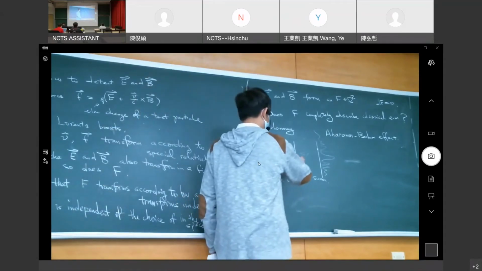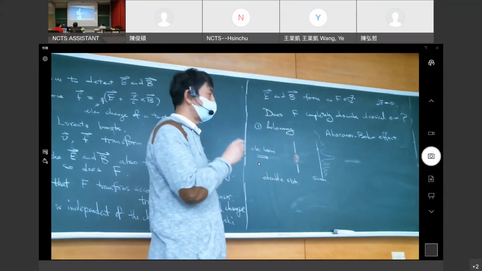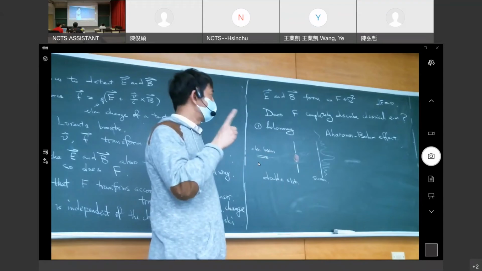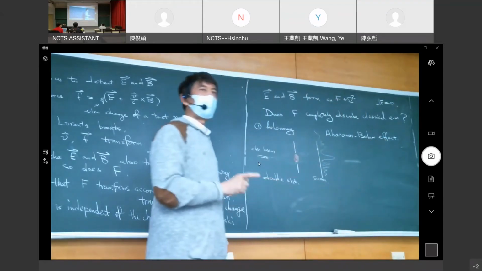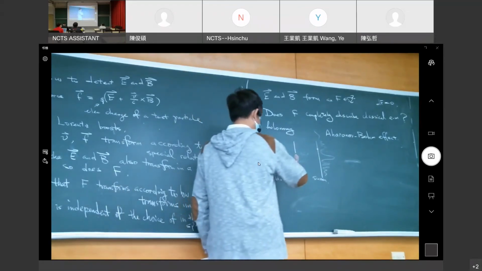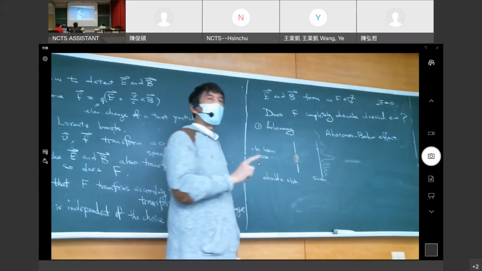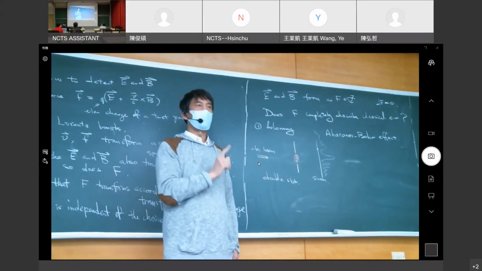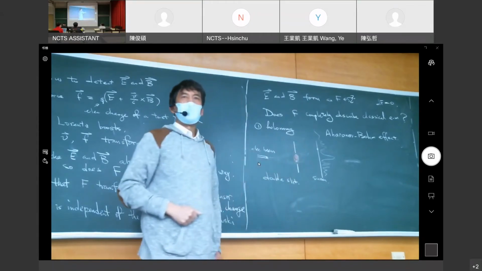So if the electromagnetic field defines an F, and if F is the curvature of some line bundle, then in the region where the electron can reach, that connection is flat. It has zero curvature because E and B are zero there.